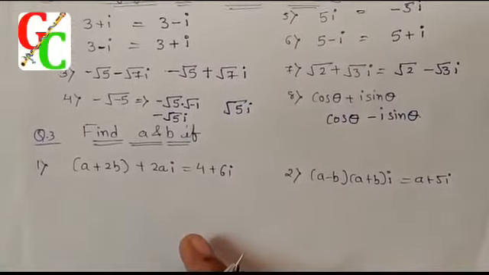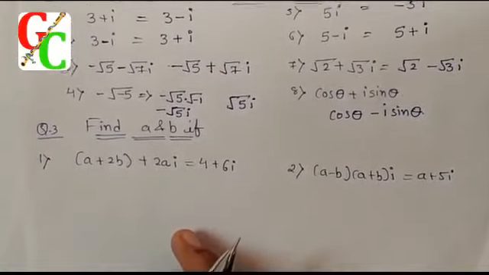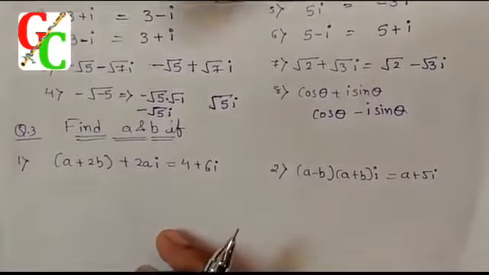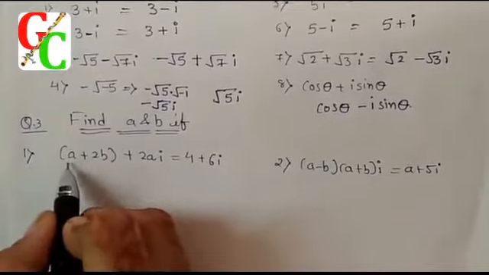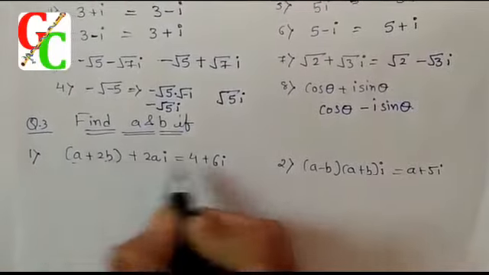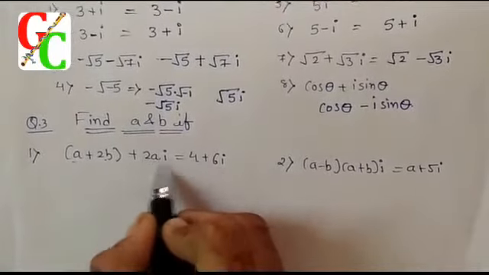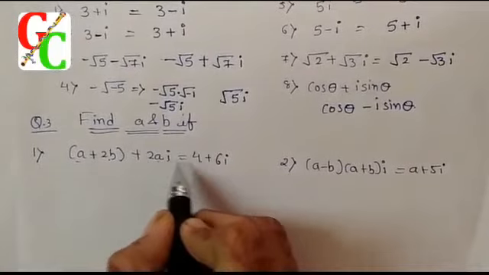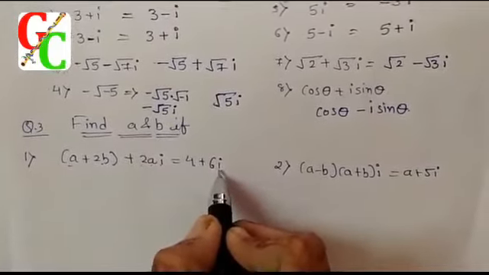So we have to compare the value. We have to compare the complex number first. We have to compare a plus 2b with 4, and 2ai is compared with 6i.